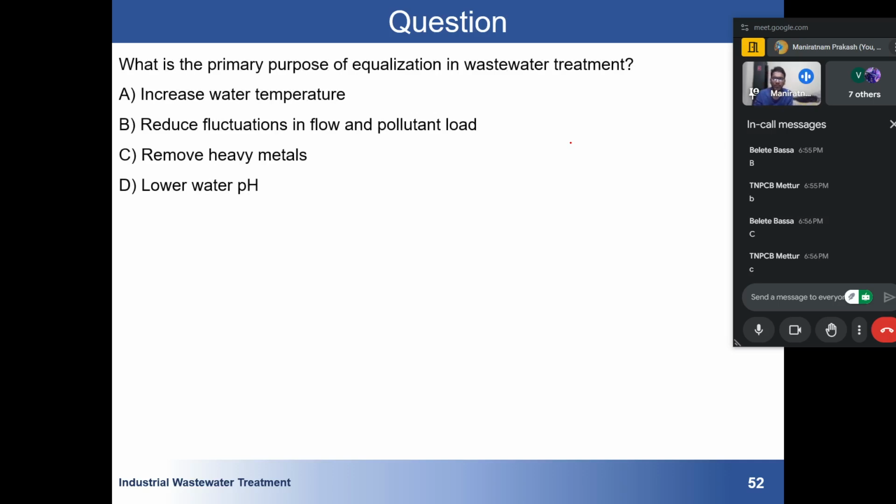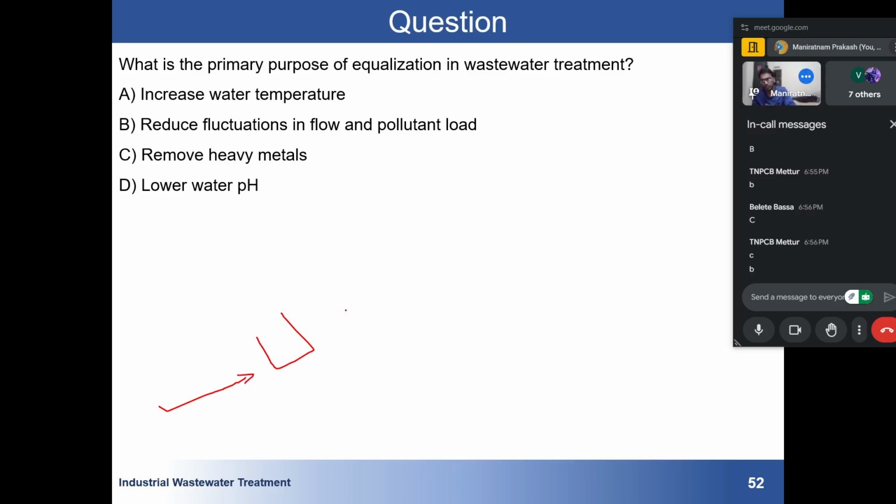What is the primary purpose of an equalization tank in wastewater treatment? If you remember, this was also a question in the first lecture. Reduce the inflow variation and pollutant load. Yes, correct. In a treatment plant we have different units: Unit A, Unit B, Unit C. Initially there will be a settling tank, then a coagulation tank, then a flocculation tank, and so on.